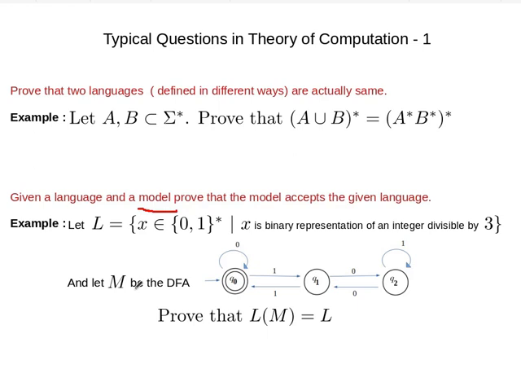You remember when I demonstrated an example of a DFA, it was the same example which is given here. I mentioned that it accepts a string if and only if that string represents an integer which is divisible by 3.